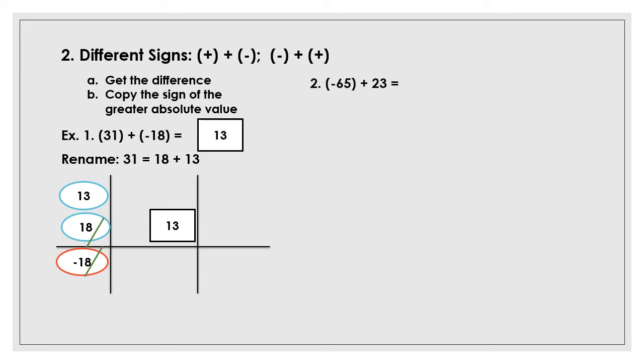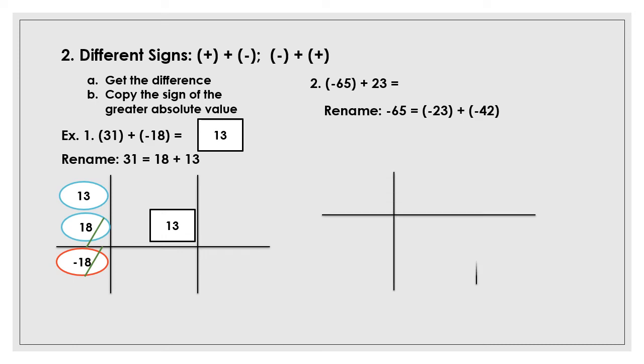So we have 13. Next we have negative 65 plus 23. We have to rename first negative 65 as negative 23 plus negative 42 so that we can get the additive inverse here. Then using the seeds diagram, we have negative 23 at the lower portion as well as negative 42.